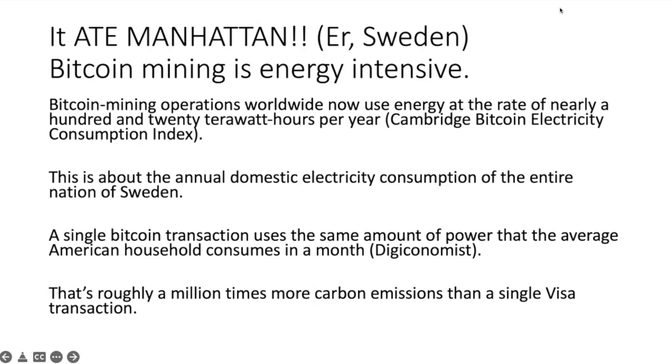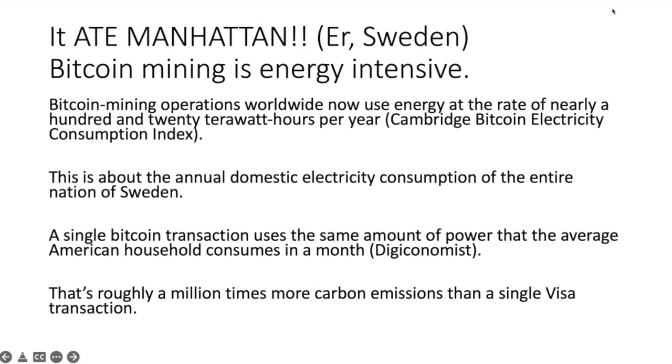A single Bitcoin transaction uses about the same amount of power that the average American household consumes in a month. And that's roughly 1 million times more carbon emissions than a single Visa transaction. So we are talking about large scale energy consumption here, right?